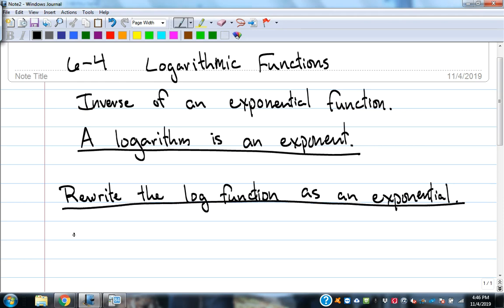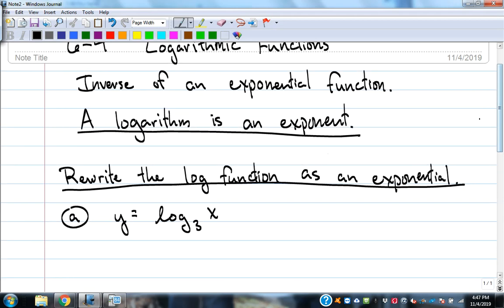All right, so we'll start with the first one. First example is just like a basic logarithmic function. And here's how you read that. You read that y equals log base 3 of x.